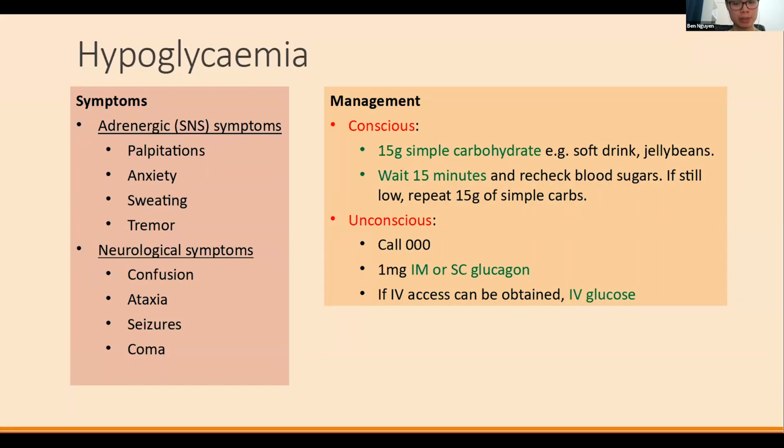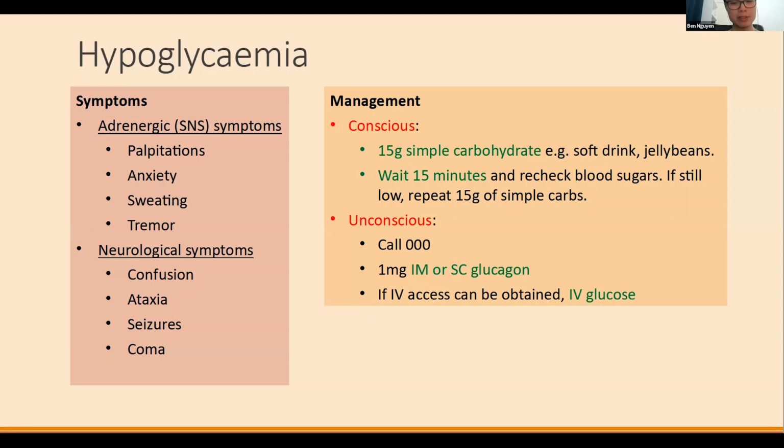Hypoglycemia. So you guys are probably familiar with the symptoms. Adrenergic symptoms are related to the release of adrenaline from the body to try and increase the mobilization of glycogen essentially to get some more energy in. And neurological symptoms as well, just because the brain isn't getting enough glucose. I think another common trap is that a lot of people tend to go for glucagon or glucose as their management protocol, even if the patient's conscious.